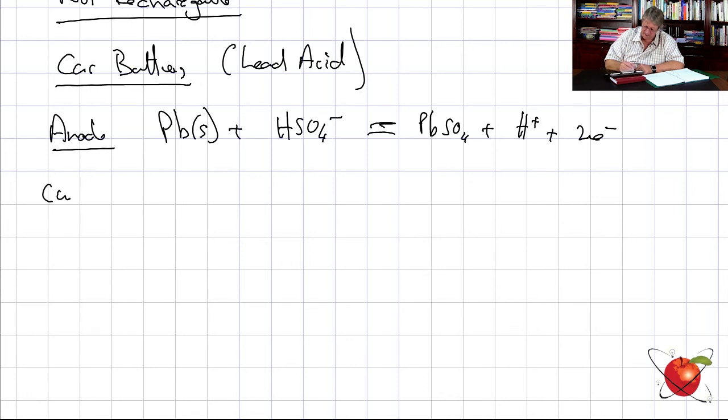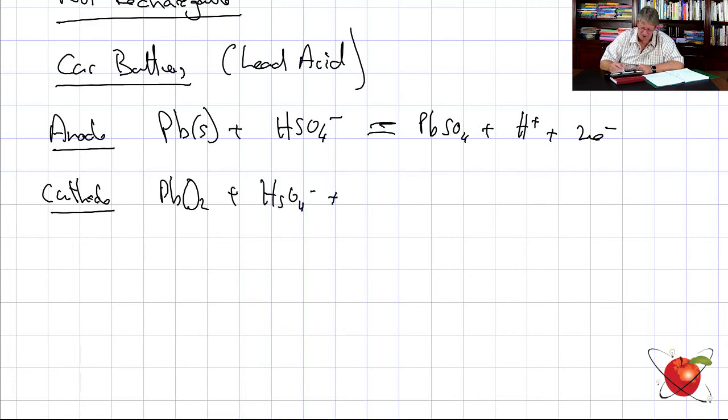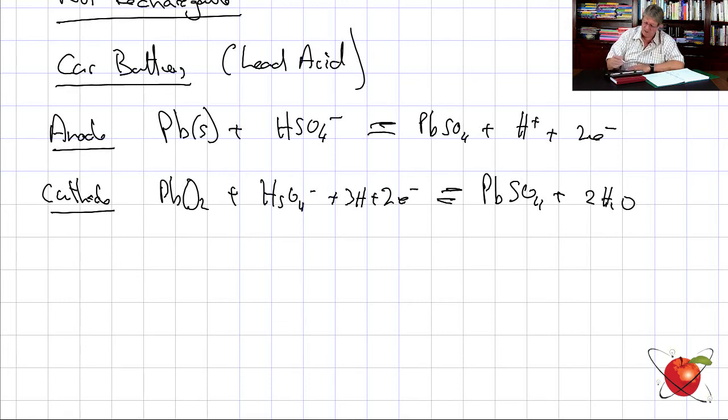This is the anode, and the cathode is actually going to be PbO2 plus HSO4 minus plus 3 hydrogens plus 2 electrons going to PbSO4 plus 2H2O. No, you don't have to know these to the best of my knowledge.